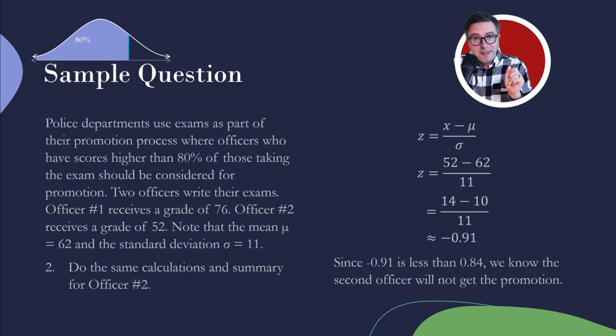That means the population mean minus 0.91 times the standard deviation gives the 52. We don't need to go backwards like that, but comparing that z-score with the 80% z-score, negative 0.91 is less than 0.84, so they are not able to get a promotion.